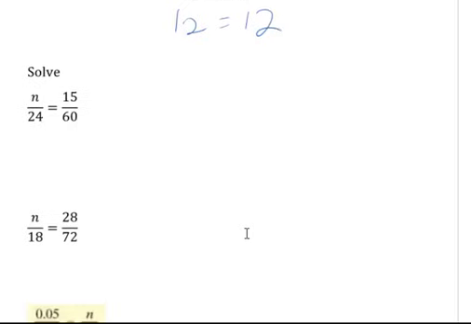So the way we're going to do this here is we're going to go ahead and cross multiply. So my first step is to take n times 60. Well, that's going to leave me with 60n. Now, I need to take 24 times 15. So 24 times 15 is 360.